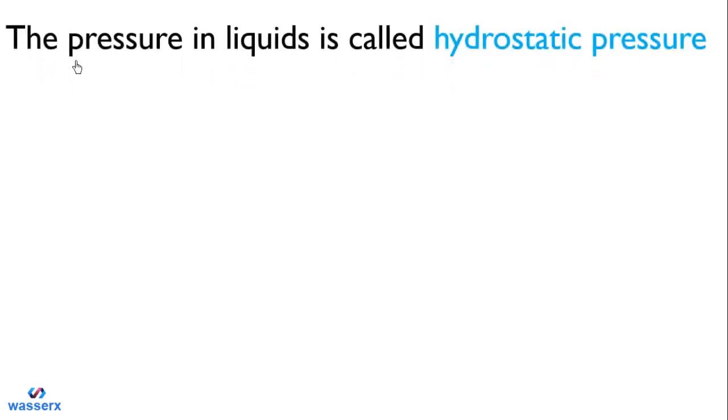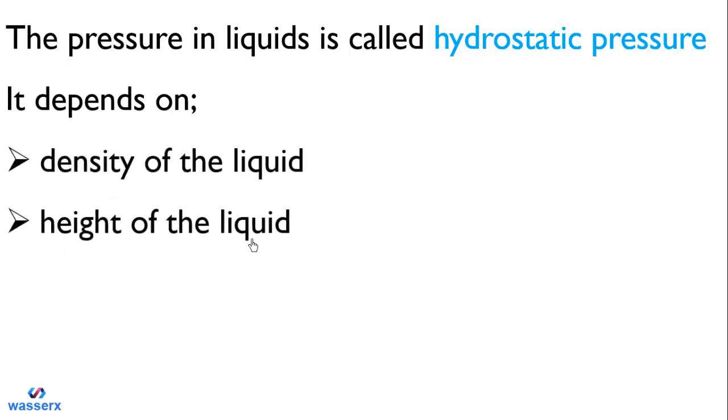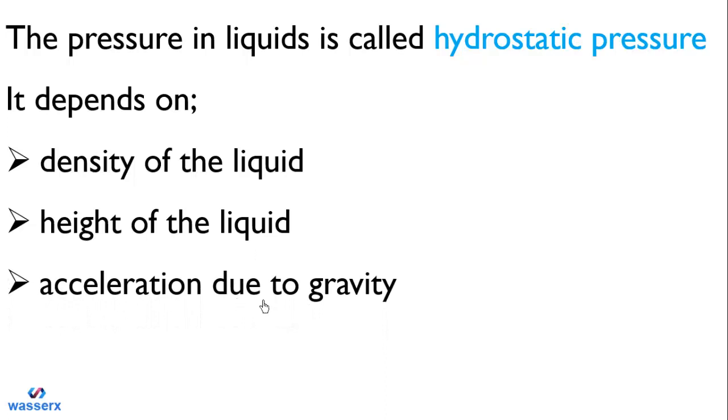Now we look at the pressure in liquids, how it is referred to. Pressure in liquid is referred to as the hydrostatic pressure, and it depends on the following: the density of the liquid, the height of the liquid, and the acceleration due to gravity.